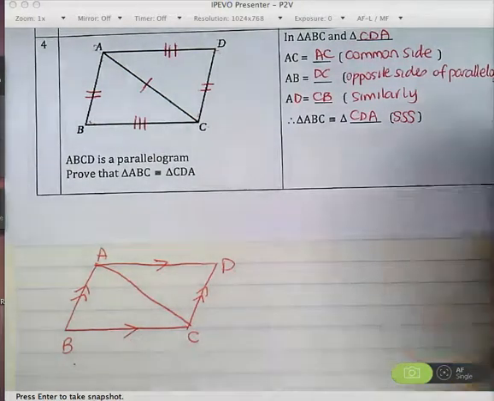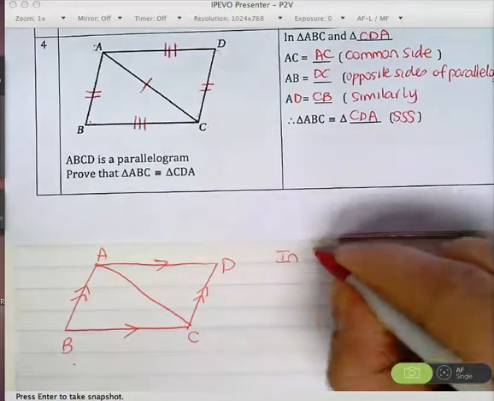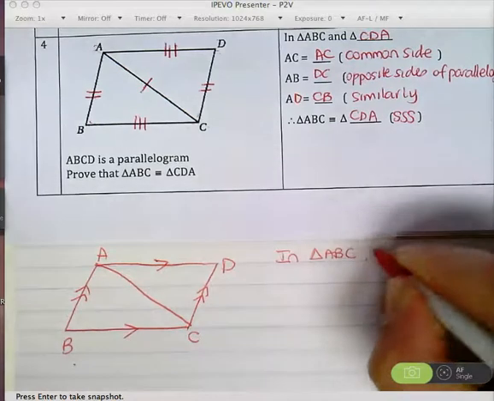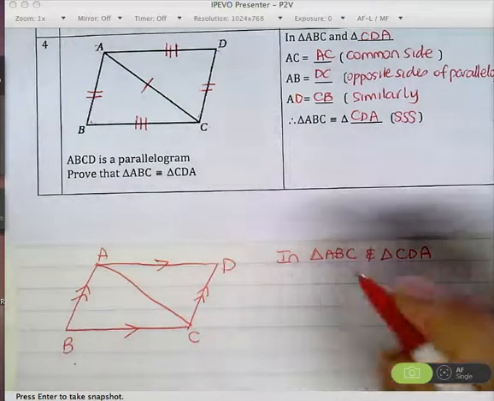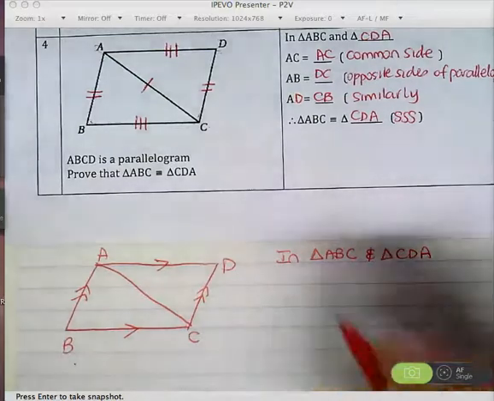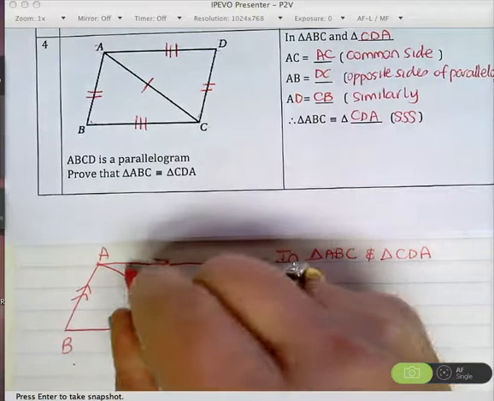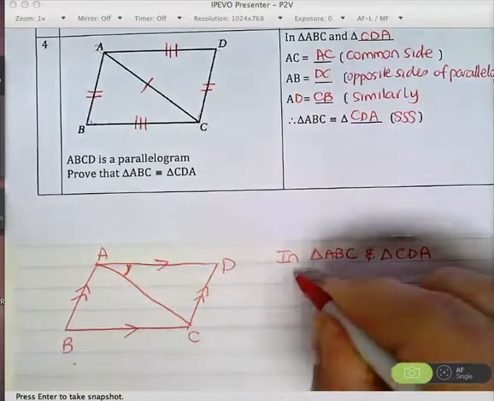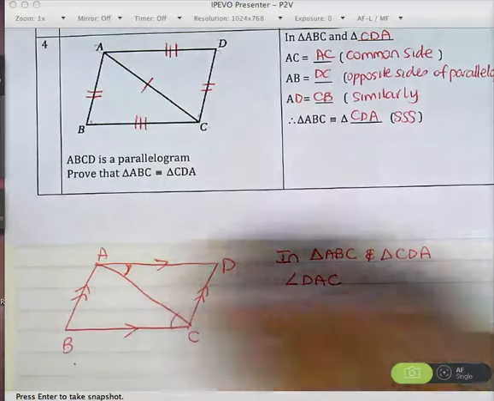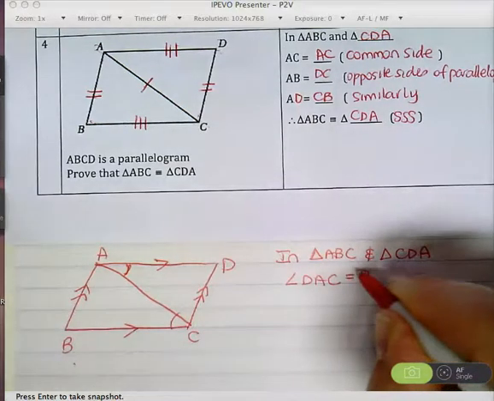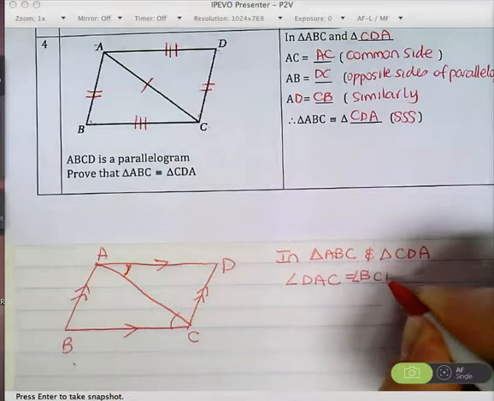So this is my second method, okay? I'm going to start off with, in triangle ABC and triangle CDA, I'm going to say, for example, that this angle here, angle DAC, is equal to angle BCA.